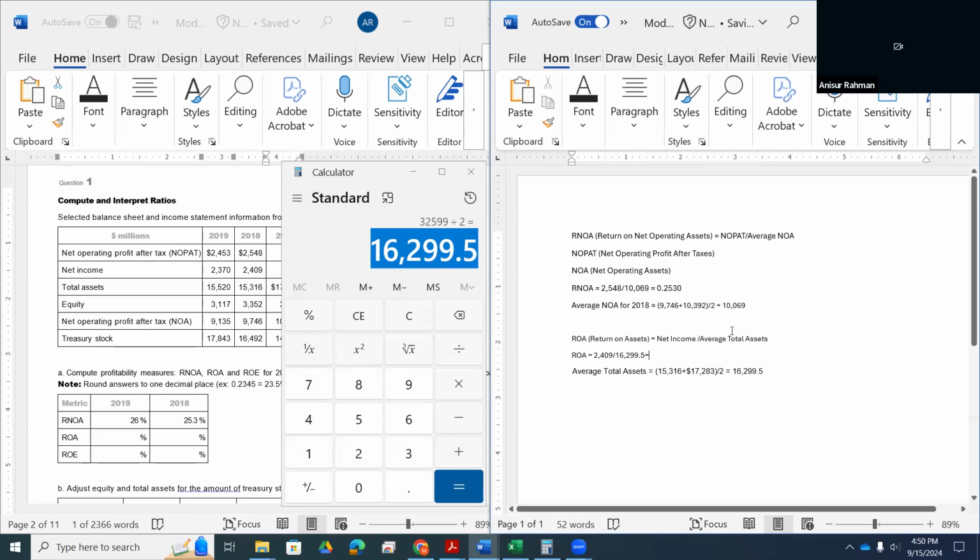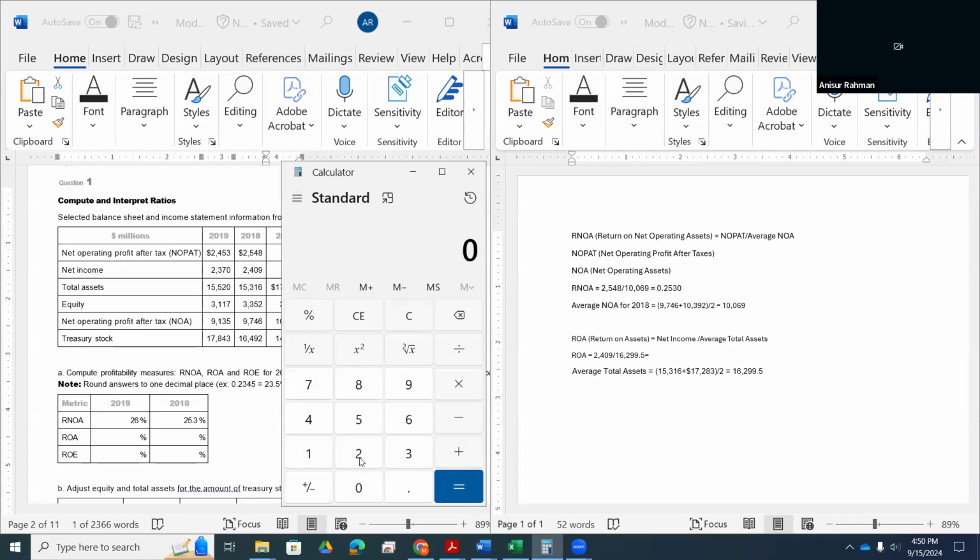Now we can divide net income by this average total assets.